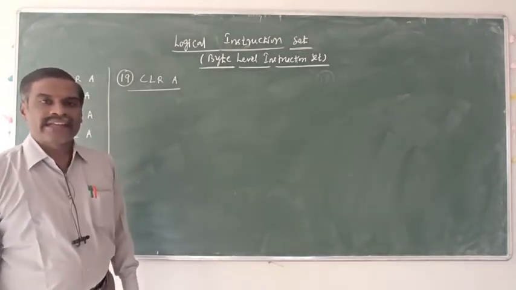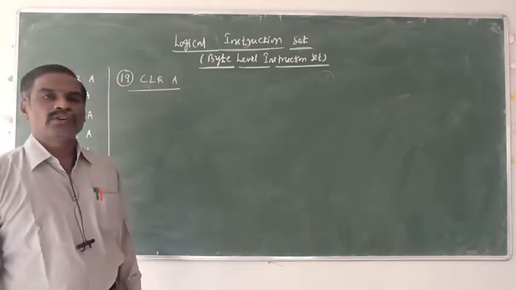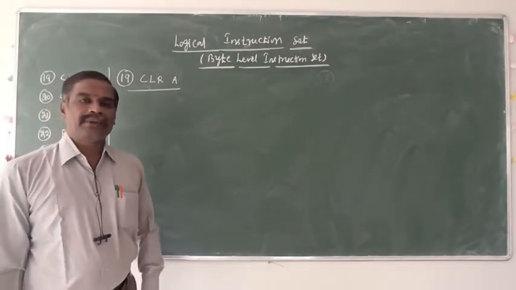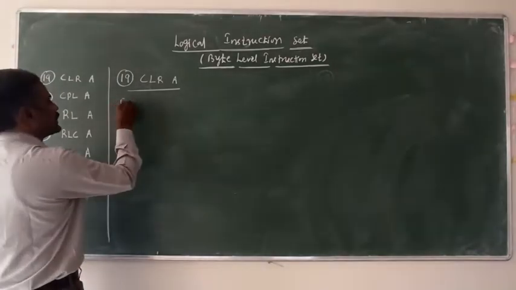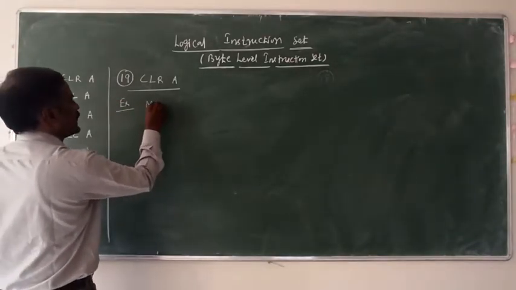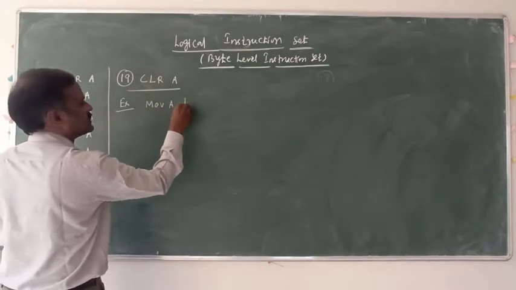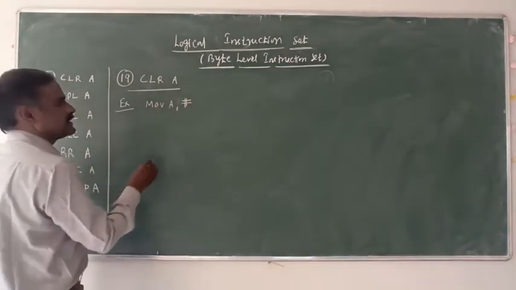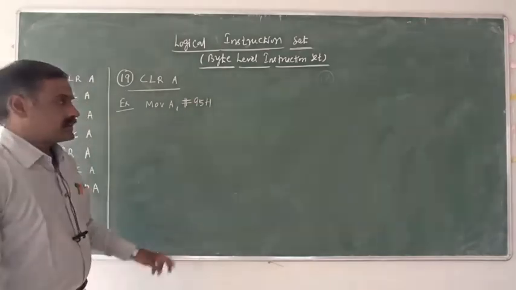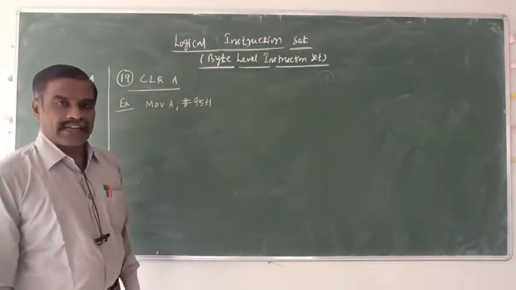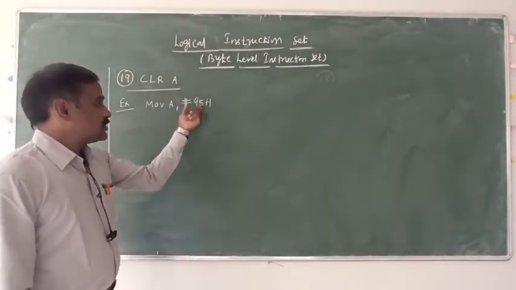Whatever data is in the A register, now set all the 8 bits to 0. First, we have to initialize what data is in the A register. MOV A, #95H. Now the accumulator content is 95.